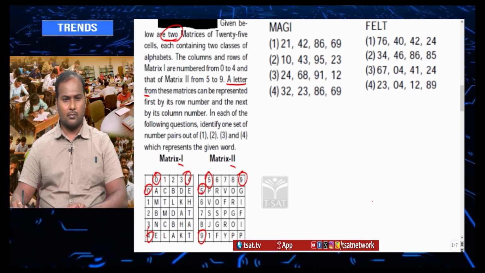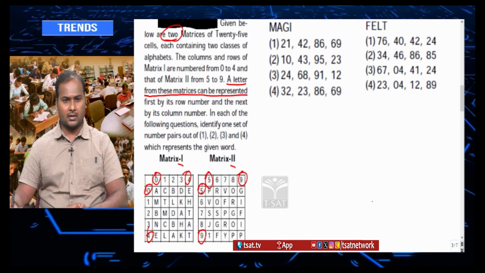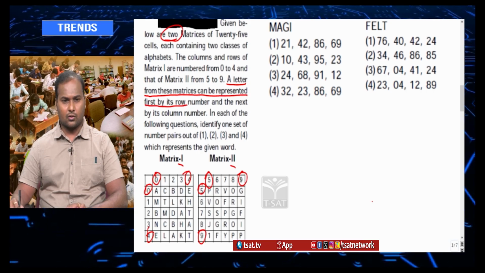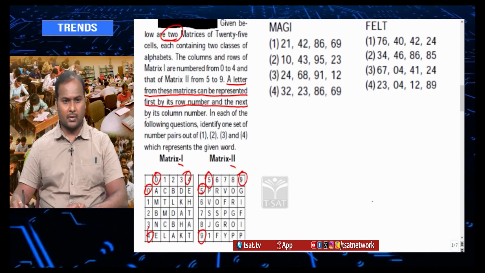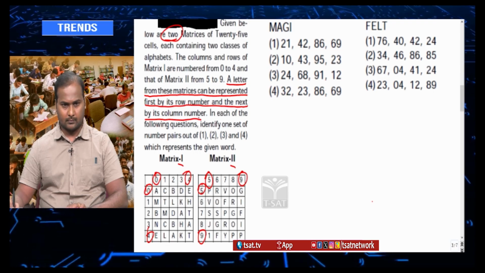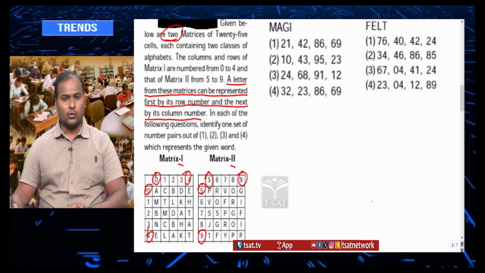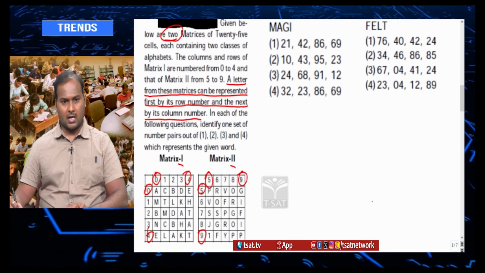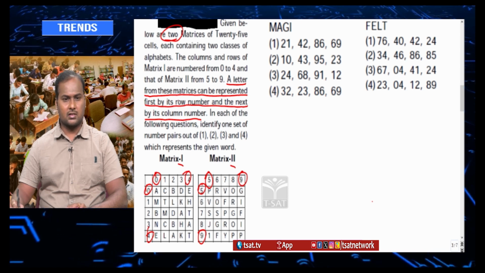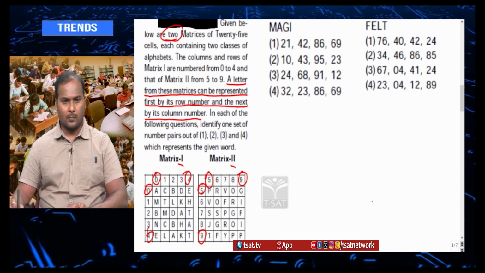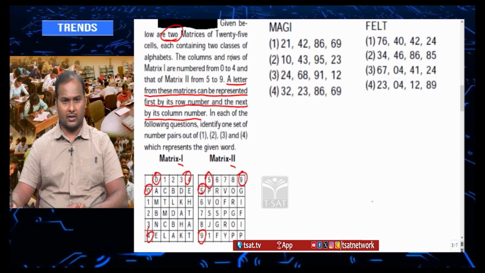A letter from these matrices, this is very important, you underline it whenever you see this question: a letter from these matrices can be represented first by its row number and next by its column number. That's what he is saying. Any letter in the given matrices is first represented by its row and then by its column number.